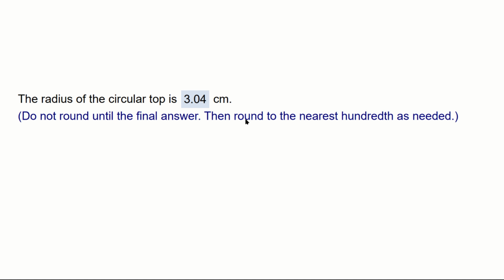And here they will give you directions, like they'll say don't round till the final answer, which is a great direction, because that means you're only rounding once, therefore you're reducing the error. And then they'll tell you what to round to, like to the nearest hundredths as needed, okay? So I wanted to show you this because this is what you're going to encounter when you do problems on my math lab.